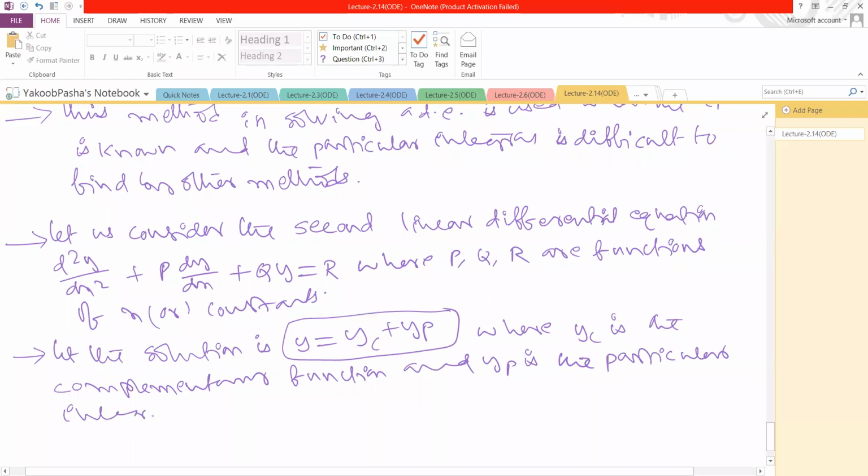Now we take yc as c1 into u plus c2 into v.